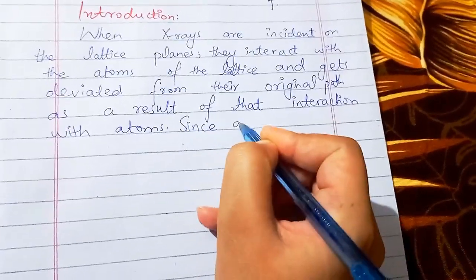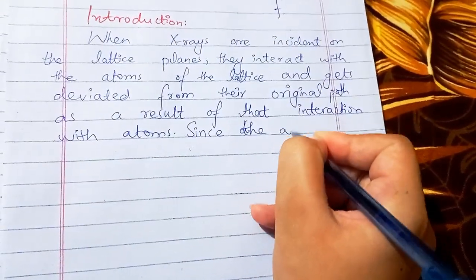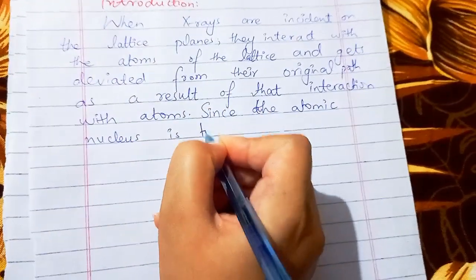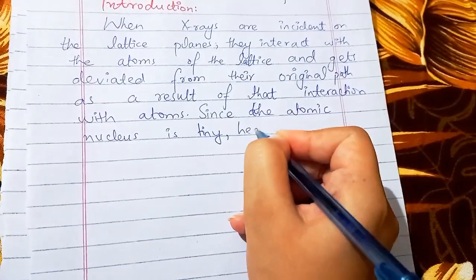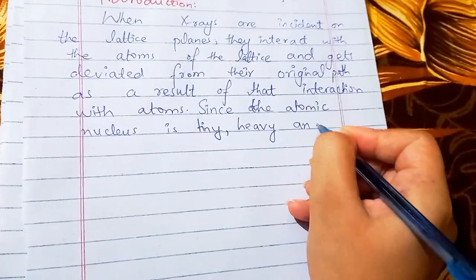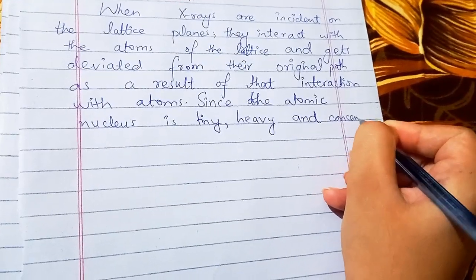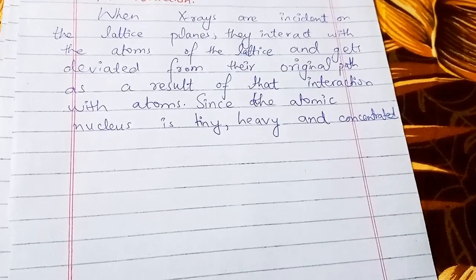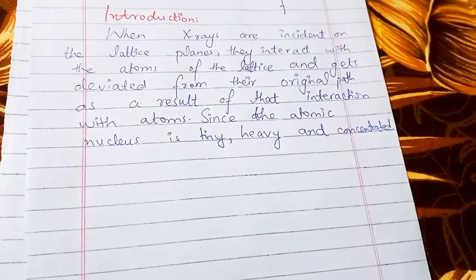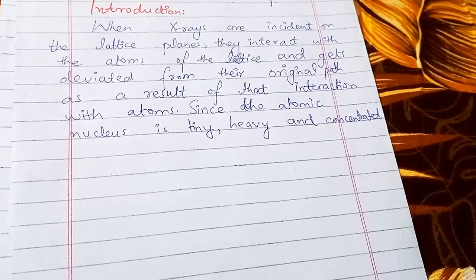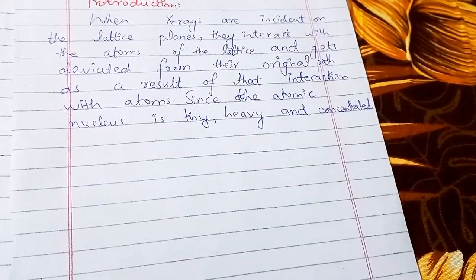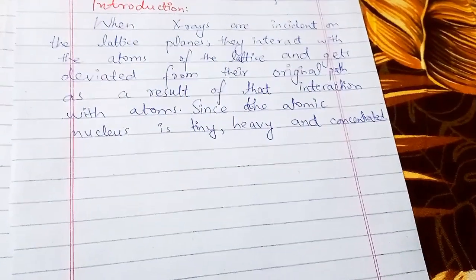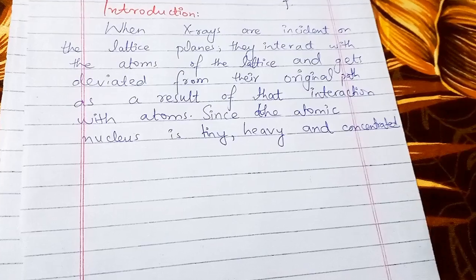Since the atomic nucleus is really tiny, heavy, and concentrated, which means it has a comparatively greater density as compared to the electronic cloud, and it's not that vast and spread out as compared to the electronic cloud, that is why X-rays do not mainly interact with the atomic nucleus, but they interact with the electronic cloud.